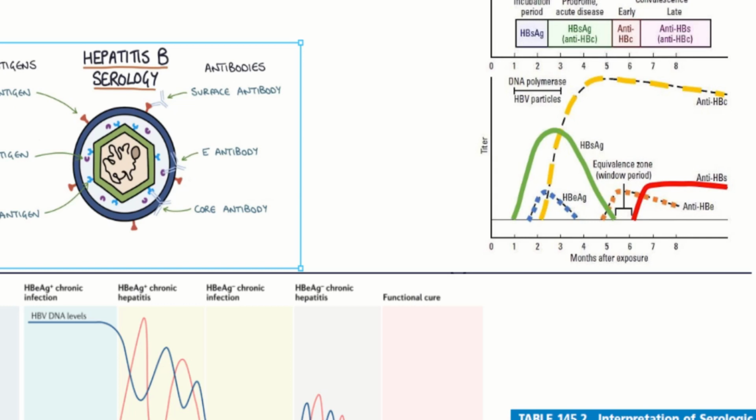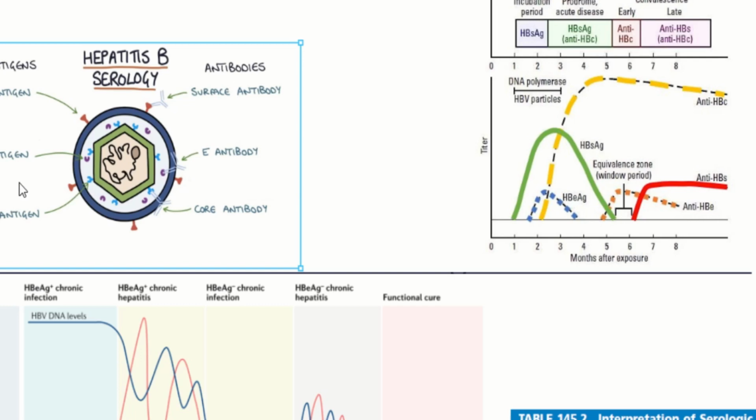The other antigens are the HBs antigen, the surface antigen, which is responsible for showing us that we have the virus right now in our body. The E antigen, which is the HBe antigen, is responsible for the virulence. The presence of the E antigen within our blood shows that the virus is in active replication.